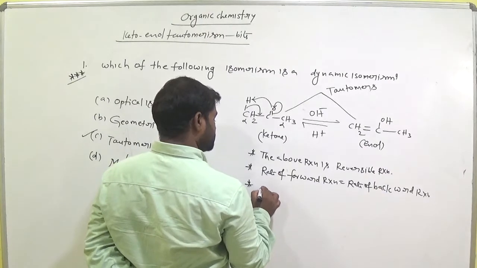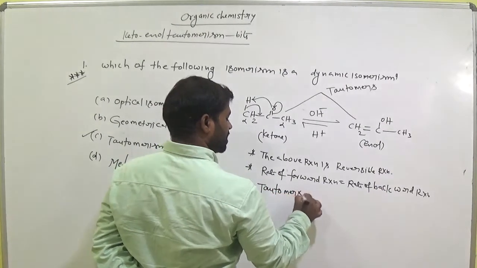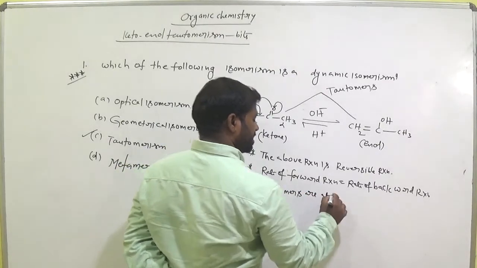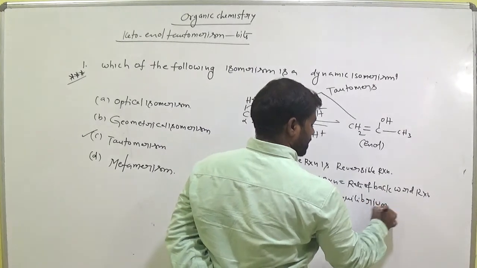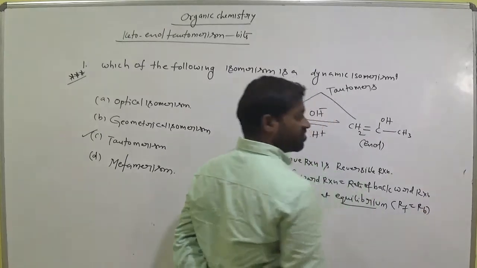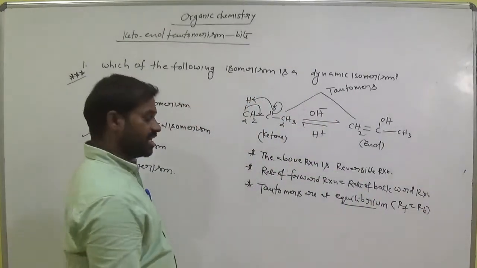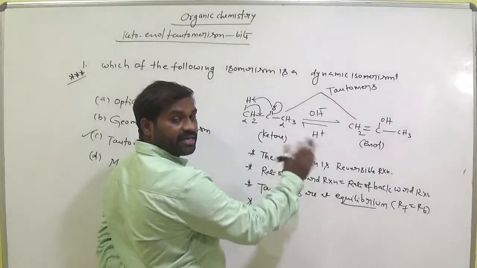And tautomers are at equilibrium. Equilibrium means rate of forward reaction equals rate of backward reaction, and the reaction is called an equilibrium. So both are interconvertible, am I right?